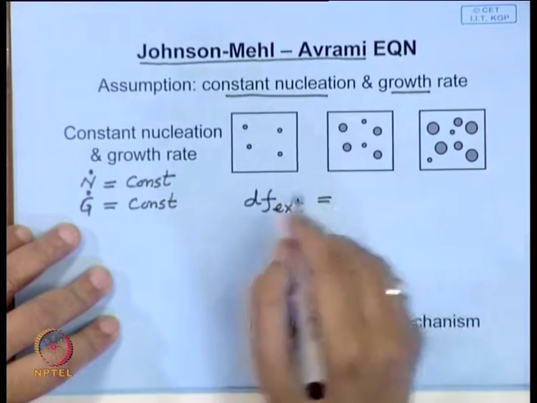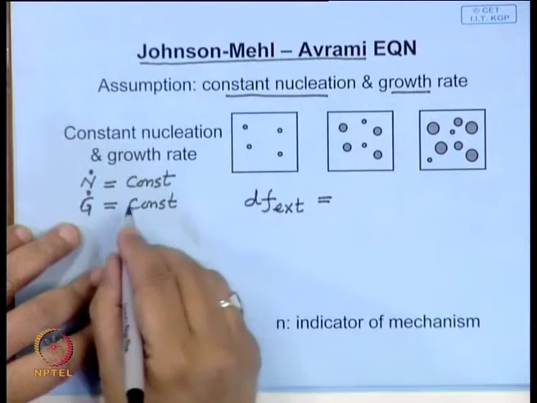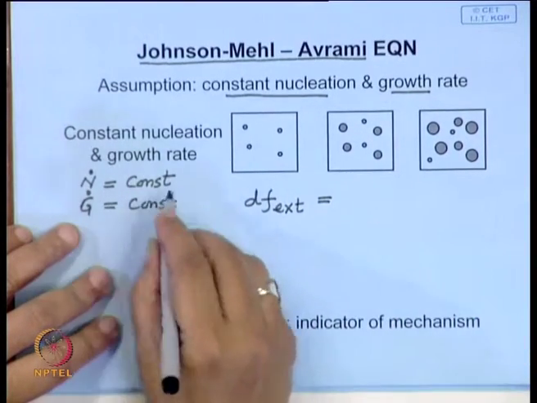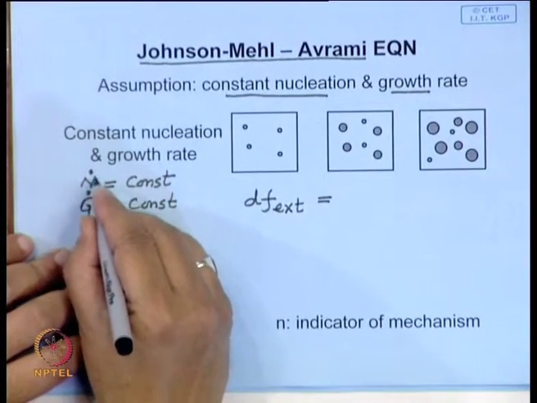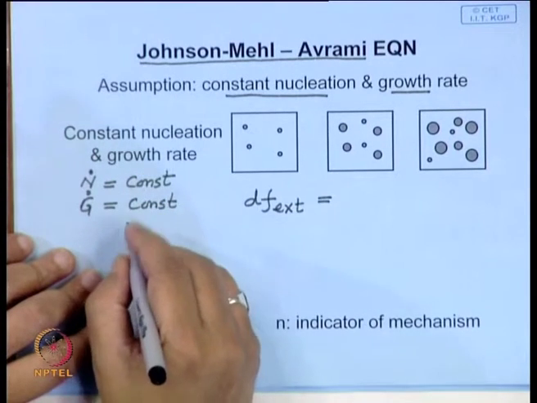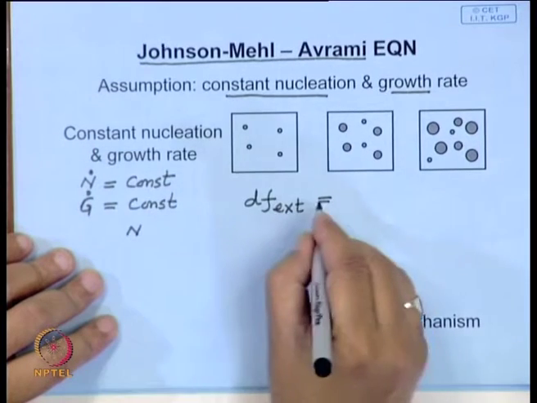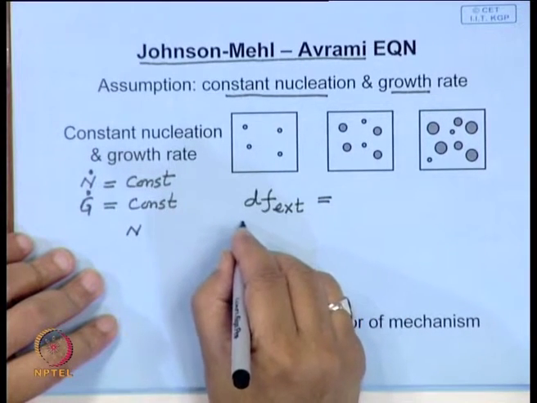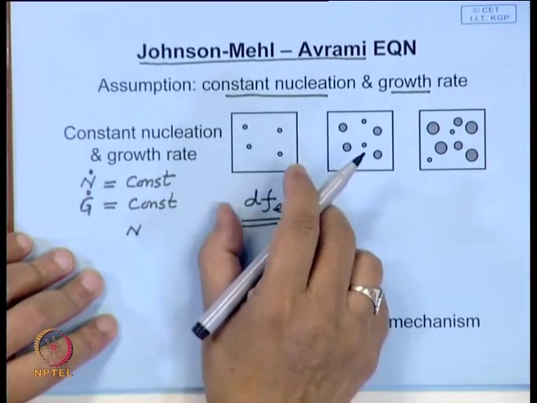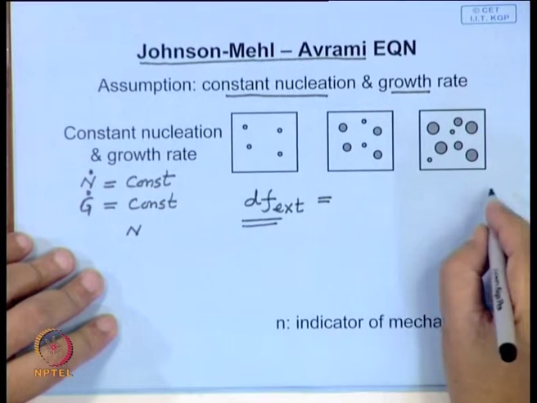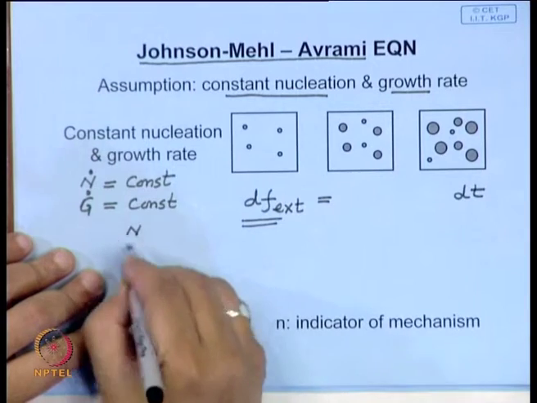At any time there will be a certain number of nuclei present, and this you can easily find out, because the nucleation rate is constant. So, if time increases, say we want to find out the increment in extended volume during a time period t, how will you calculate?